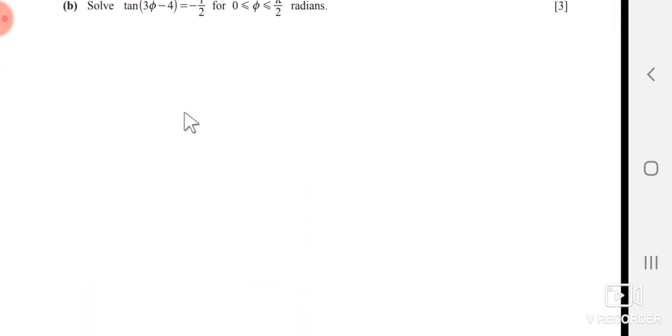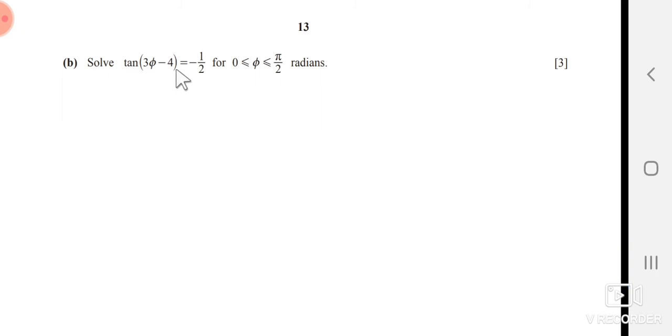And now here solve tan(3θ − 4) equal to this. Whenever you calculate this, the first step should be to convert your angle into the equivalent range. First multiply by 3, so you will have 0 to 3π, or 3 over 2 pi, and then subtract 4 throughout this inequality, and then take tan inverse of this, ignoring the minus 1 over 2.